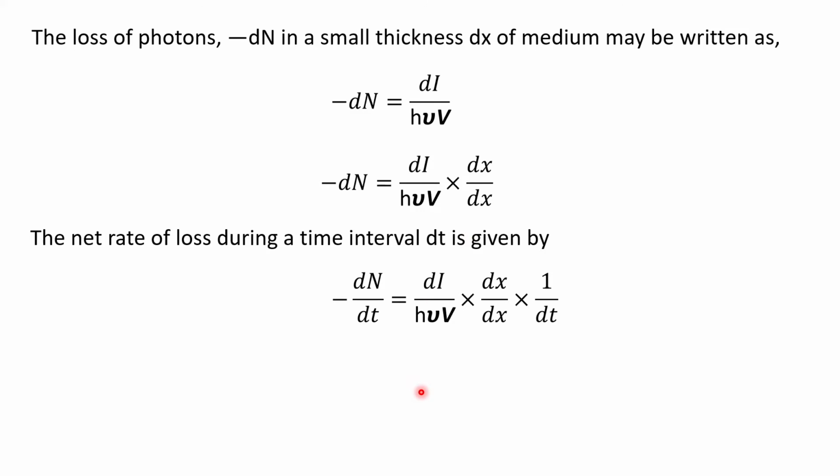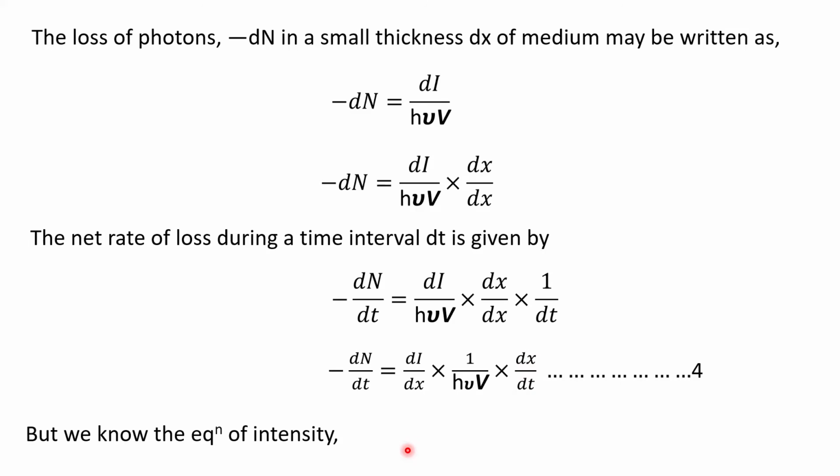So minus dn by dt equal to dI divided by h nu into v into dx divided by dx into 1 divided by dt. Rearranging the terms, minus dn by dt equal to dI by dx into 1 upon h nu into v into dx by dt. Say this is equation number 4.